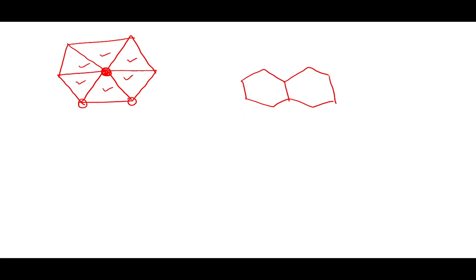Achha, okay. Number of the primitive cell is 2.